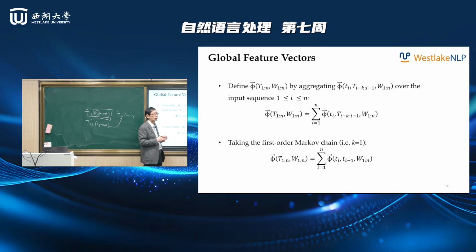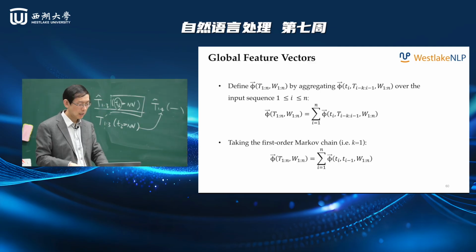So this big phi of tag sequence and word sequence is equal to the sum of small phi for every tag given the word sequence and previous tag. First order conditional random field, okay? All right, so the feature templates can be the same. This is easy to understand, right?